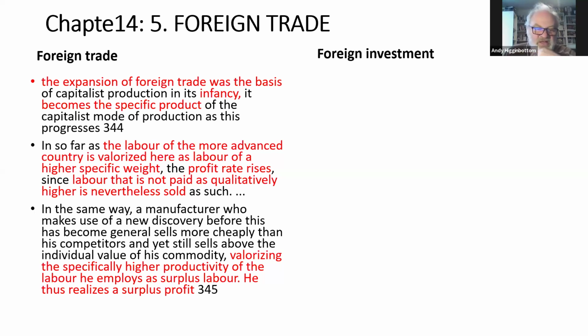In the same way, a manufacturer who makes use of a discovery before this has become general sells more cheaply than his competitors and yet still sells above the individual value of his commodity, valorizing the specifically higher productivity of the labor he employs as surplus labor. He thus realizes a surplus profit. Now, this is exactly an area of discussion because he's repeating what he says in chapter 12.